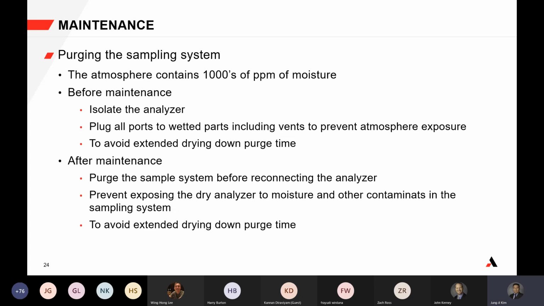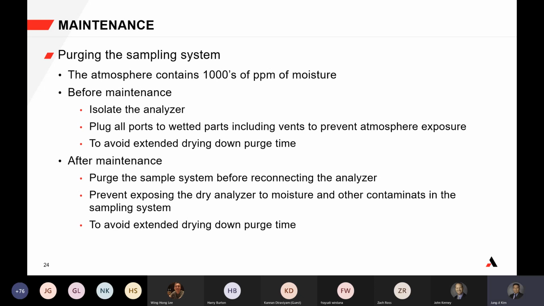So for those analyzers that control the sample flow by themselves, there is no need for any flow control device because it does it by itself. But on an aluminum oxide probe, yes, you need to have, I think, a needle valve to control the flow to it.